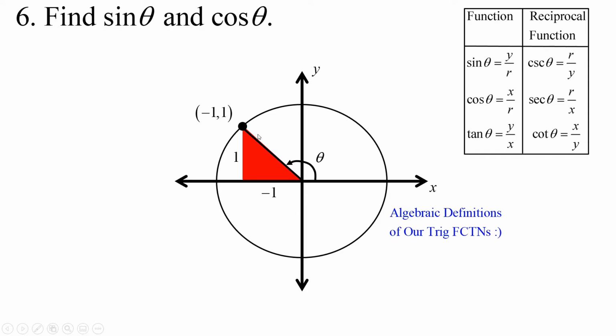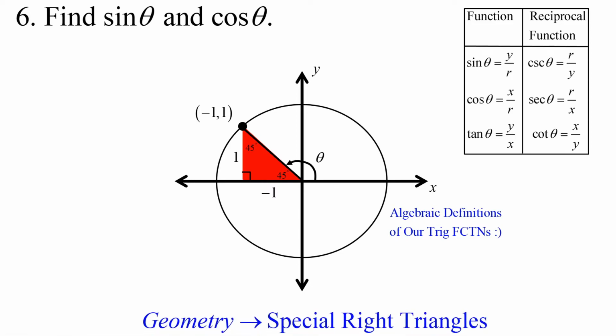Now, you can find the radius of the circle with Pythagorean theorem if you'd like, but if you've got your special right triangles down, you can be much more efficient, because this is a 45, 45, 90 triangle, and you guys from geometry should remember that the ratios of the sides of a special right triangle that's 45, 45, 90 would be 1 to 1 to root 2. And look at 1, 1, that's got to be root 2. That negative doesn't matter here. We're talking magnitude. So the radius of this circle is the square root of 2.